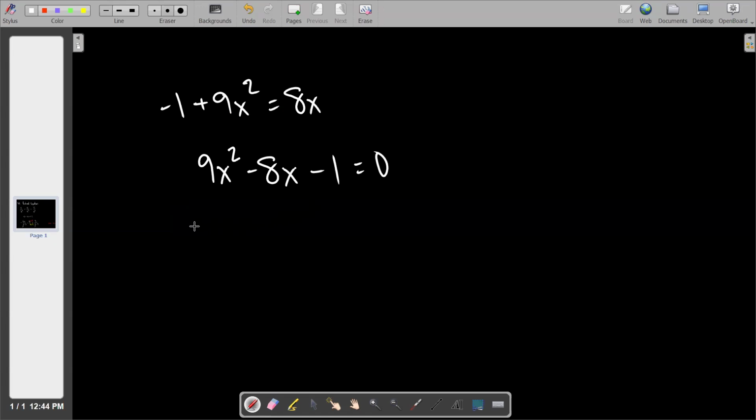Perfect. And you factor enough, you develop sort of a little sixth sense about what to do. The 9 and the 8 are a pretty good clue that this is probably going to be, because you could also do 3x, 3x, but the 8 in the middle is kind of screaming at me that we want a 9 and a 1 somewhere. So I think I'm going to probably want to put ones here, duh. And now the question is, which one gets the plus and which one gets the minus?